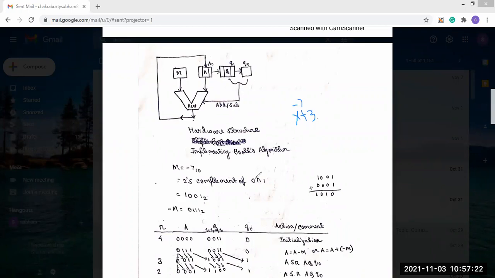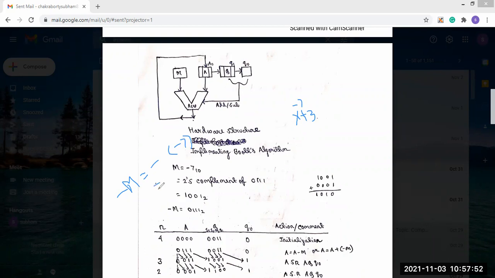If we perform the 2's complement of +7, it will be 1001, and that is minus m. Minus m means minus of -7, because m is -7. So minus minus is plus, that means 7.